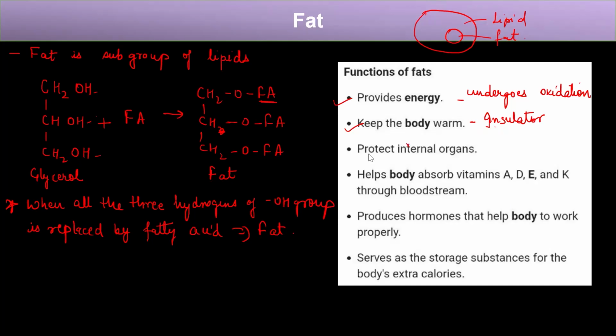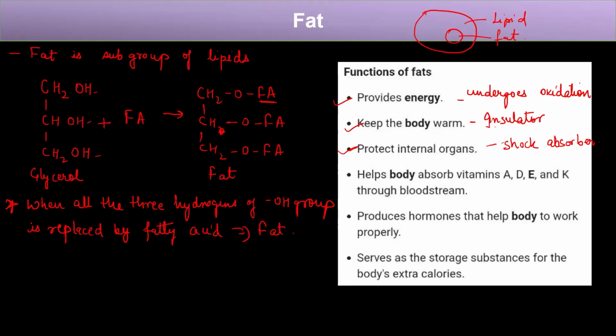Thirdly, it protects the internal organs. It also acts as a shock absorber, and in this way it protects the internal organs. Fourth, it also helps the body absorb vitamins.